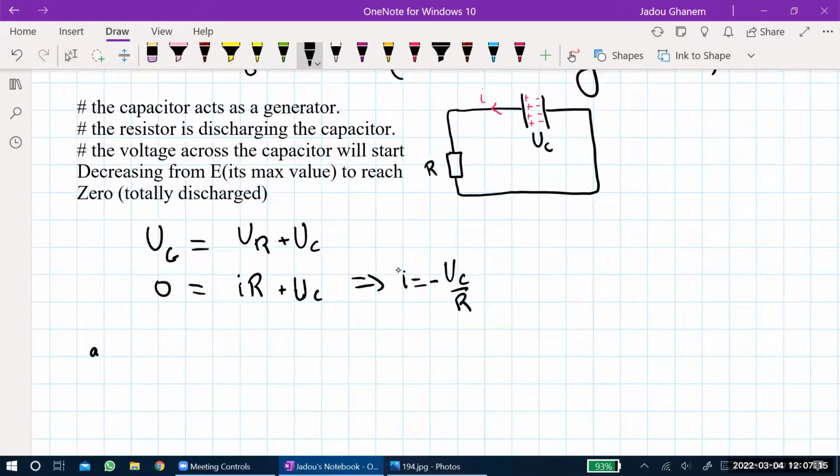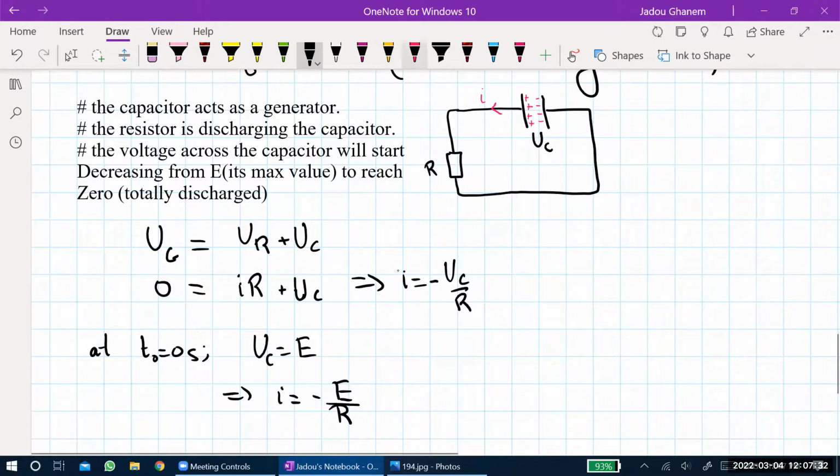At t equals 0 seconds, the capacitor will be fully charged, implies that I will be equal to minus E over R. I'm just substituting this formula, okay? So you see I'm just writing it here, which is E over R. And this value is the maximum value of the current initially.